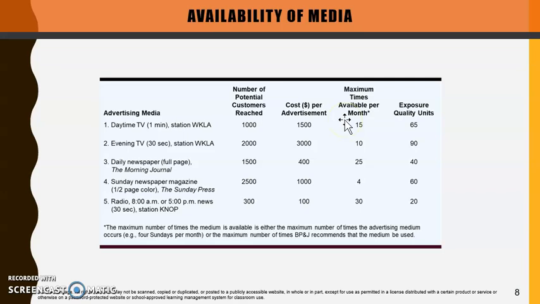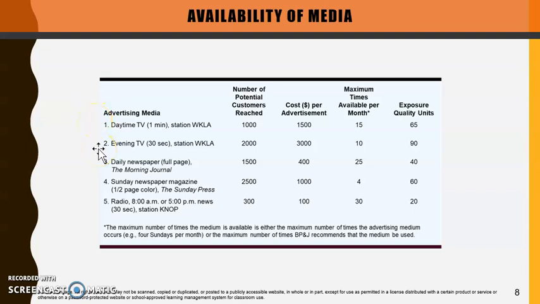It means if your model tells you about daytime TV advertisements that they should be 20 times a month, this answer is not feasible because maximum times available per month for daytime TV advertisement is 15.